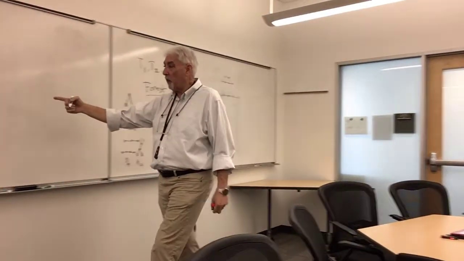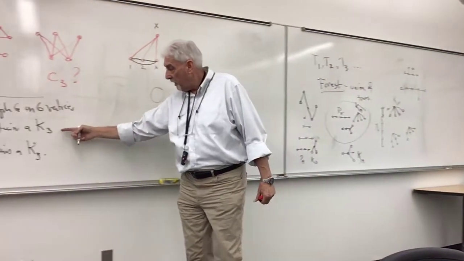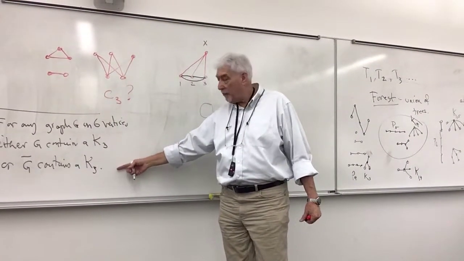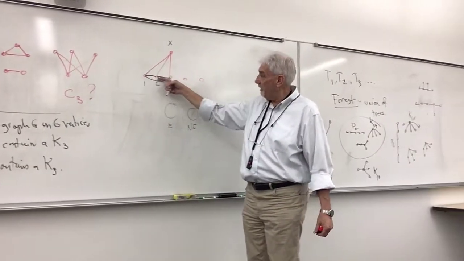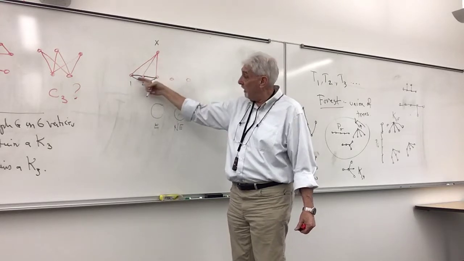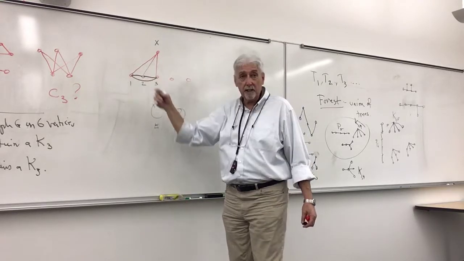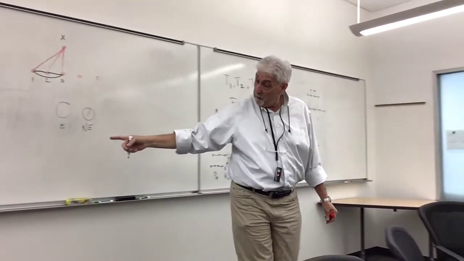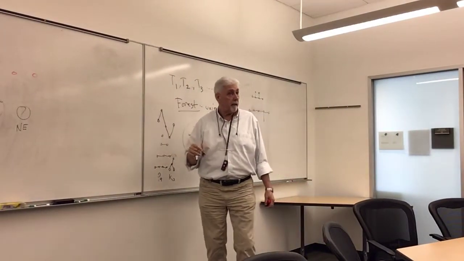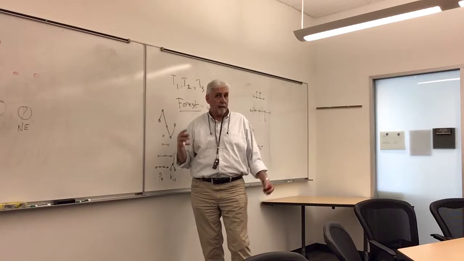So for any graph G, now turn this into, the red edge means the edge is there, and the black edge means that the edge is not there. So either there is a red K3, there are three vertices that form a K3, or there are three vertices that form a K3 in the complement. So the black edges would correspond to the complement. Okay, is that clear?